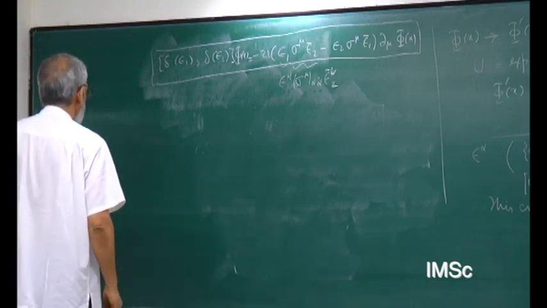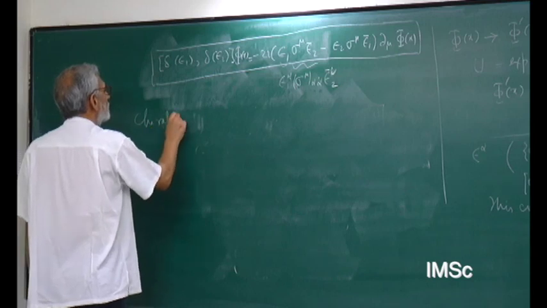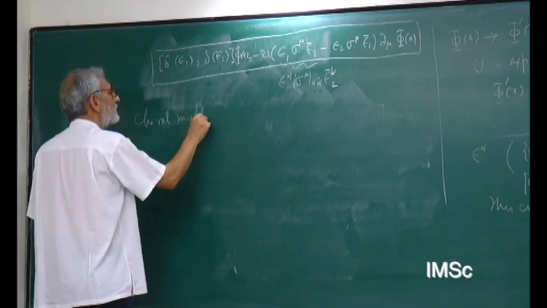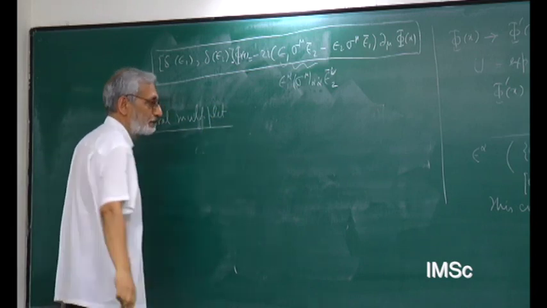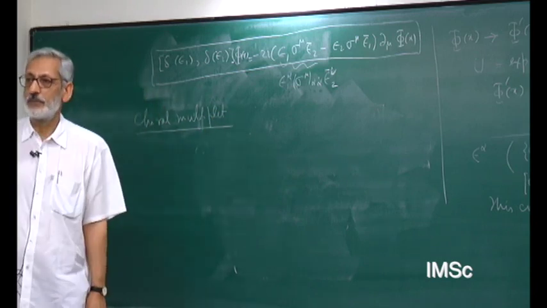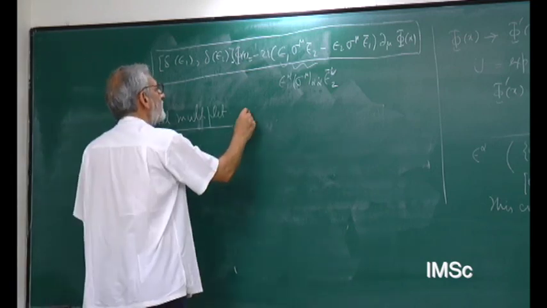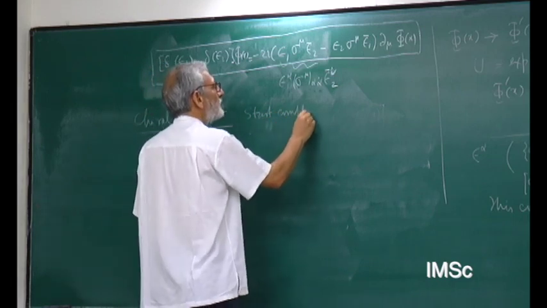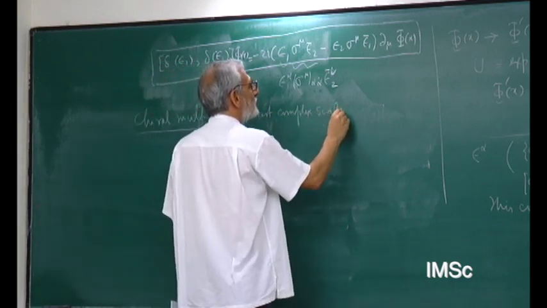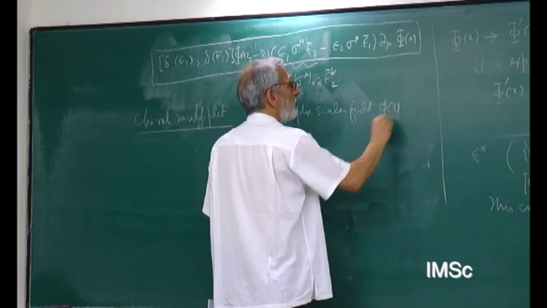So we start with a representation called the chiral multiplet. So start with a complex scalar field, small phi of x.